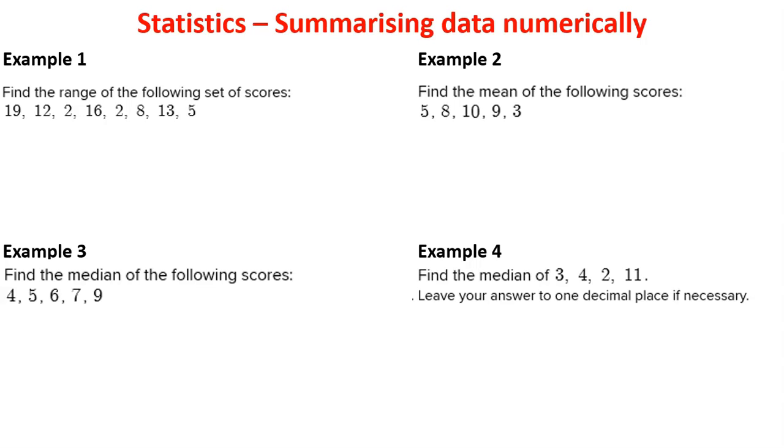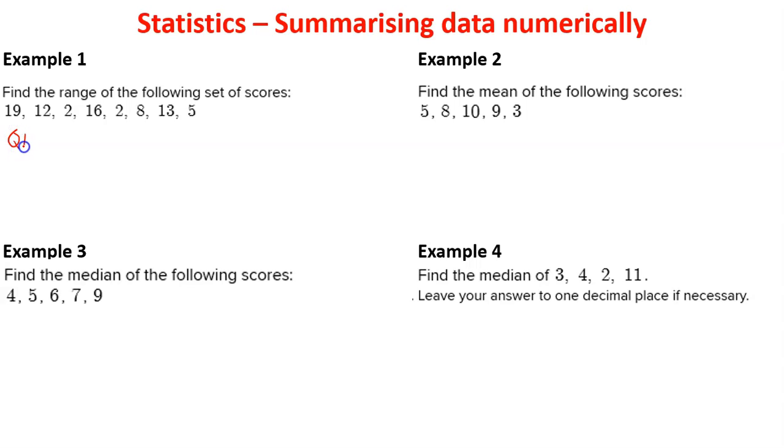So the first one says, find the range of the following set of scores. So we've got a bunch of scores here, and we just need to find the range. Now, if we remember, the range is the difference between the highest and the lowest values. So the way that I would go about doing this, if I was working in my workbook, is I would actually write down the question.